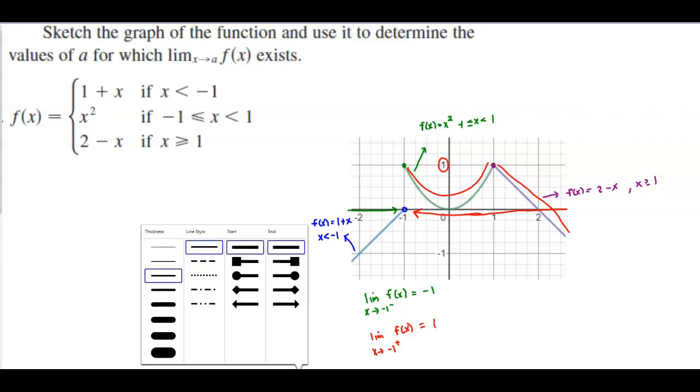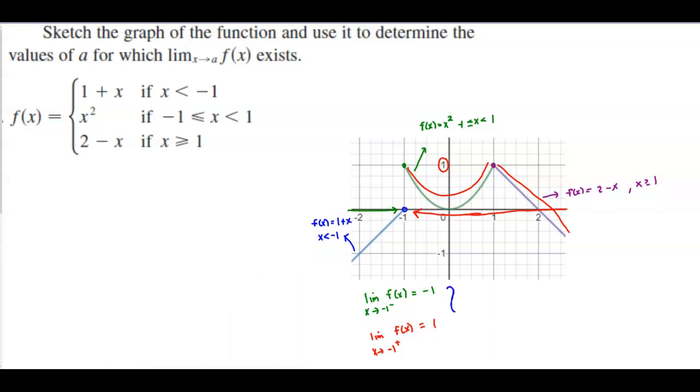So therefore, we can say that the limit as x approaches -1 of the function does not exist, but it exists everywhere else.